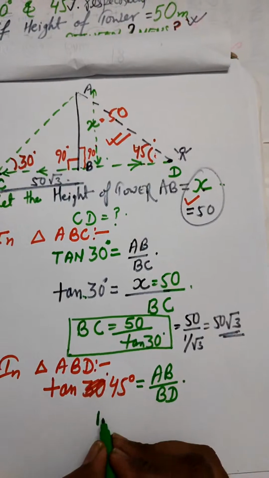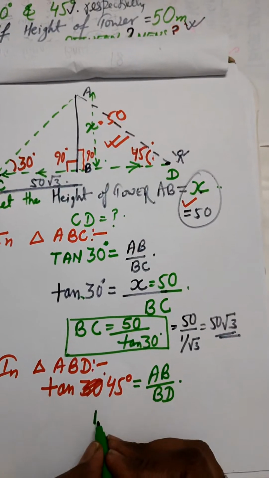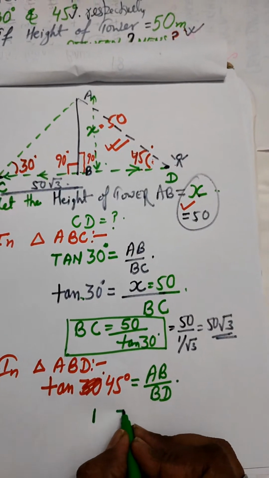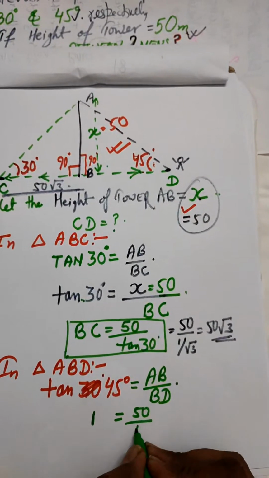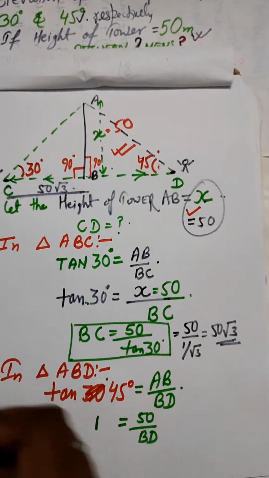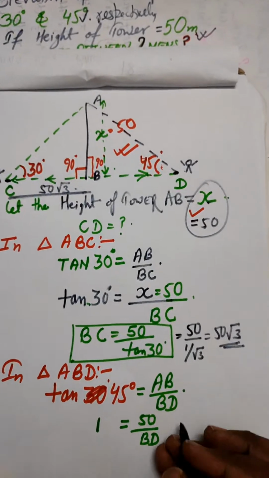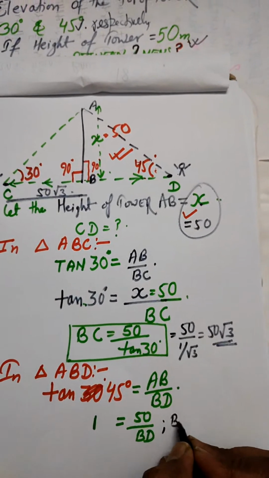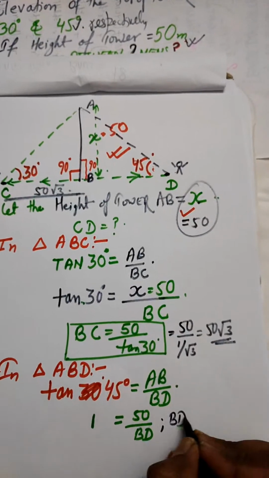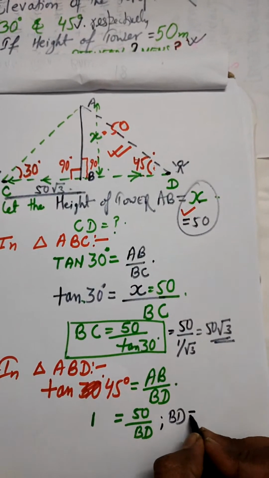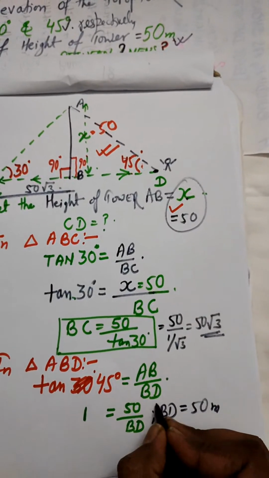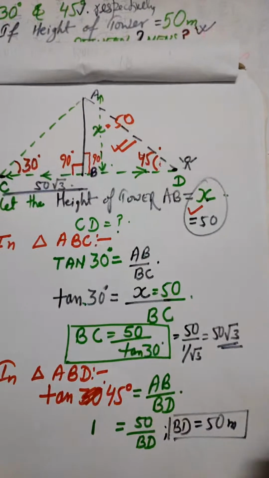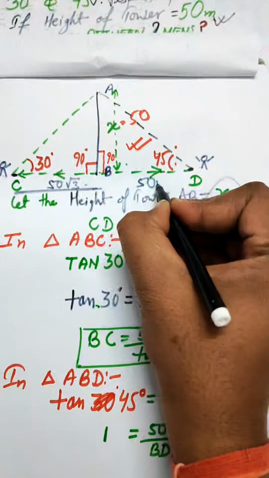Just put the value into the LHS, and into the RHS AB is 50 by BD. So taking it to the LHS, we get the value of BD as 50 meter.